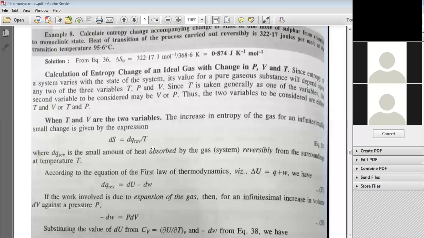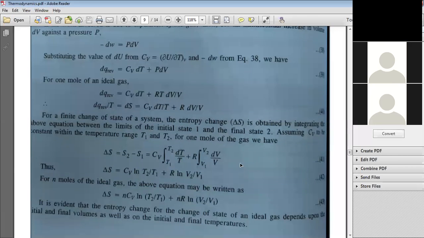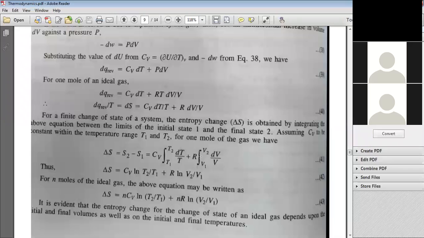The final expression for this entropy change was delta S, which is S2 minus S1, equal to Cv times the integral from T1 to T2 of dT by T plus R times the integral from V1 to V2 of dV upon V.